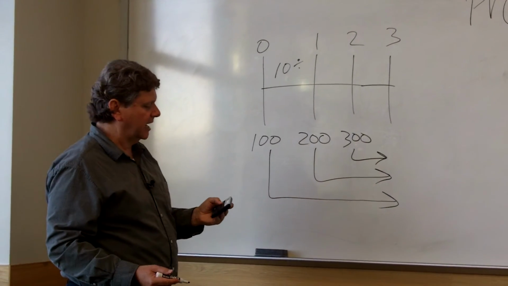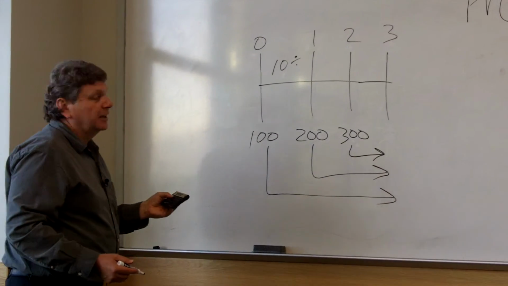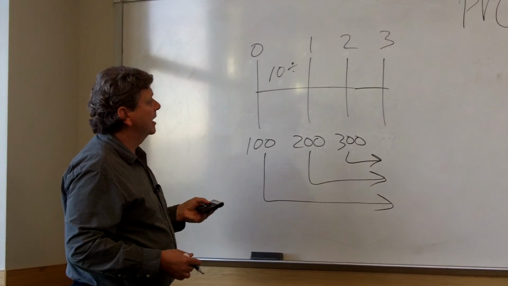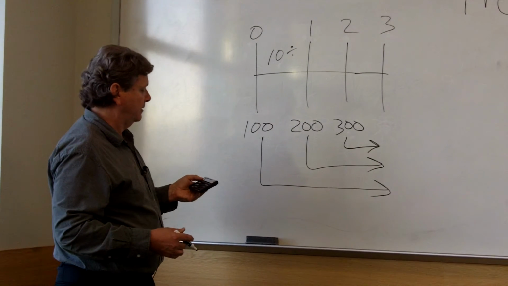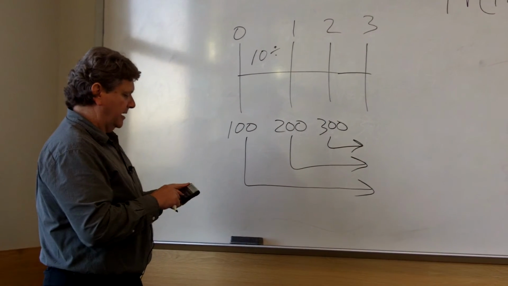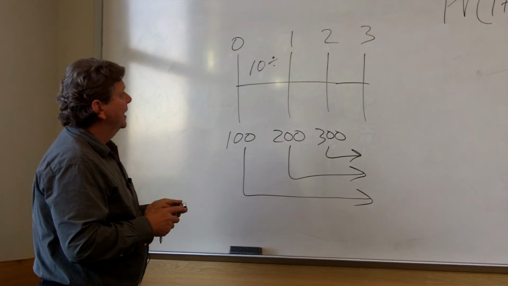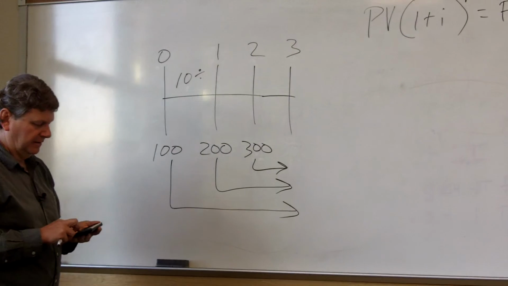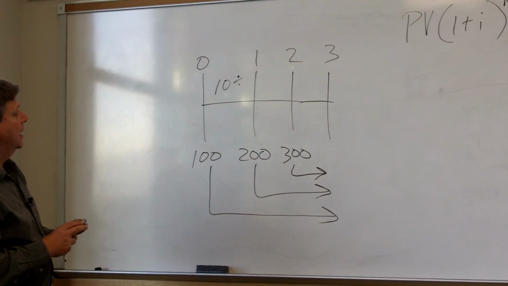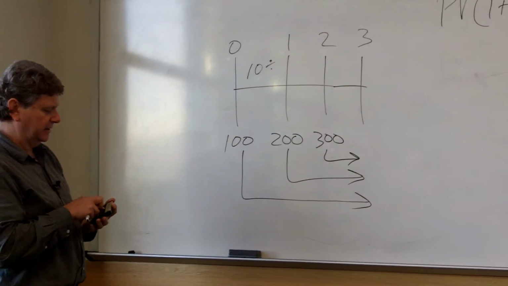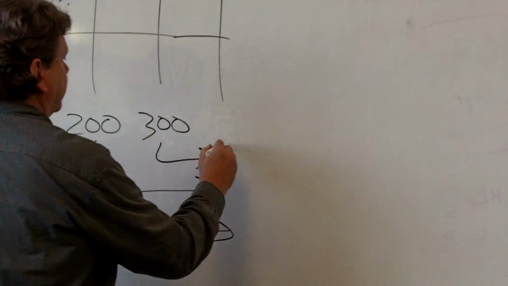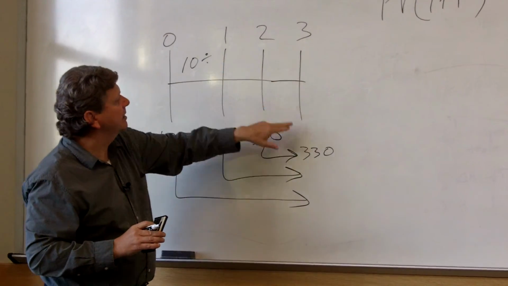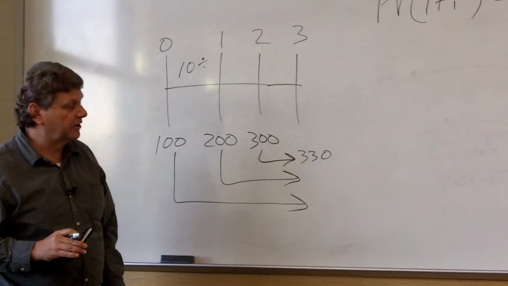Doesn't really matter in this case, but might as well get in the habit of paying attention to the cash flow direction. 300 is negative, present value. Okay, plug that in. I is 10. N is 1, because from this period to this period is just one period. And the future value is $330. So if you invest $300 in period 2 at 10%, in period 3, it's $330.